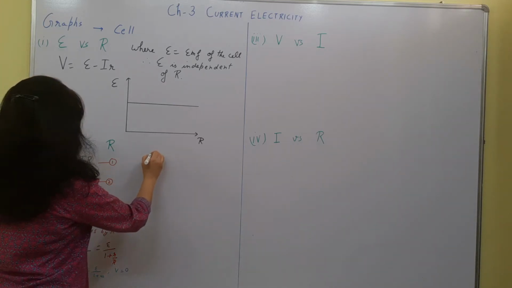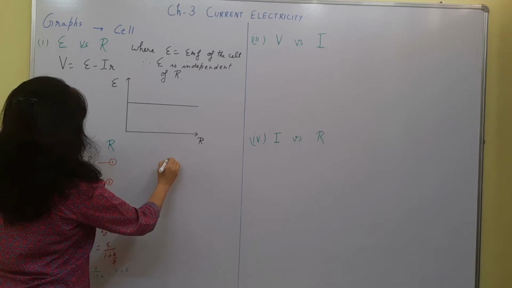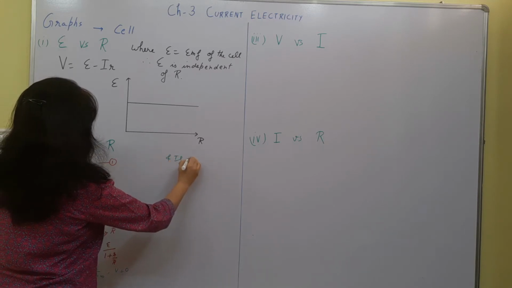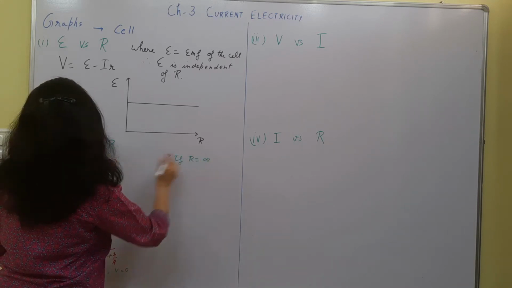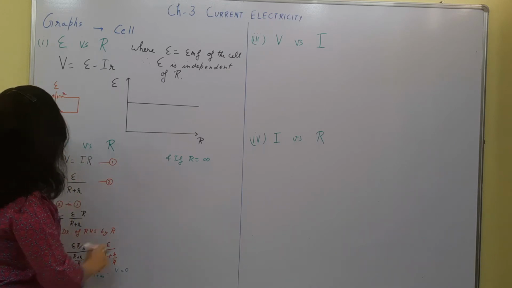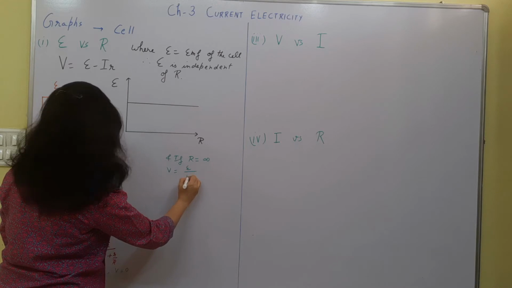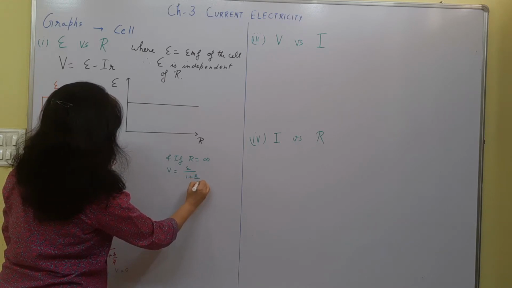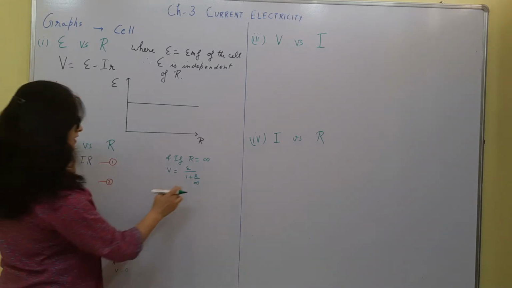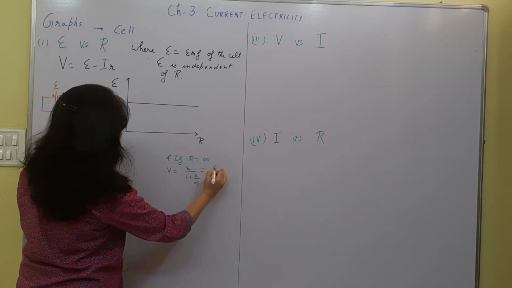Now if R is equal to infinity, then V is equal to E upon 1 plus r upon infinity. So this quantity will be 0.